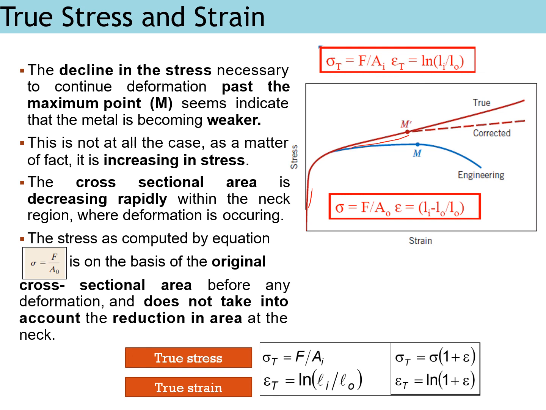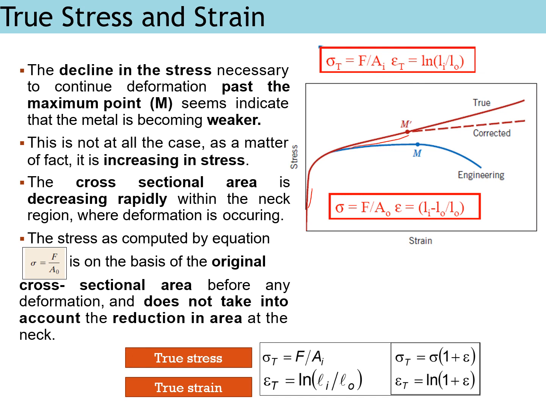The cross-sectional area is decreasing rapidly within the neck region where deformation is occurring. So the stress computed by the common equation is on the basis of the original cross-sectional area before any deformation and does not take into account the reduction in the area of the neck.